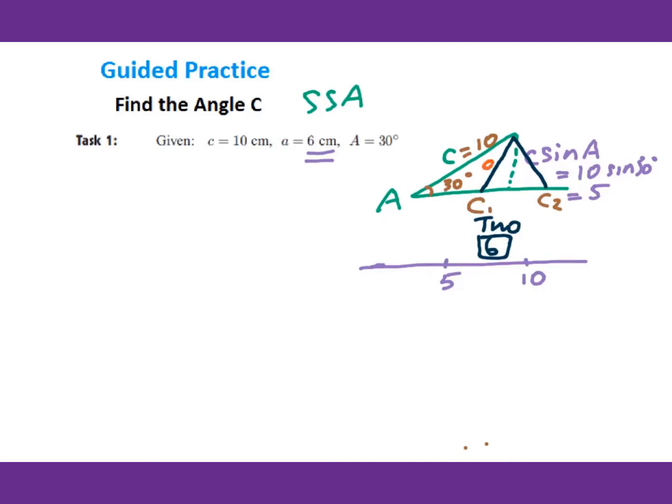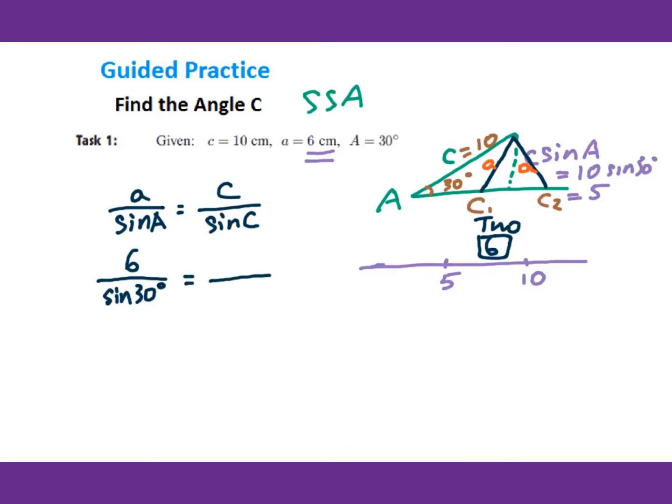Also, we label this is A, this is A. Therefore, we got A over sine A equals C over sine C. That's 6 over sine 30 degree equals 10 over sine C. Then cross multiply.